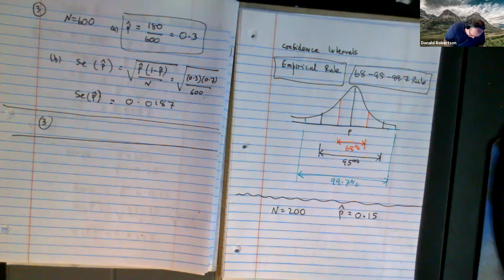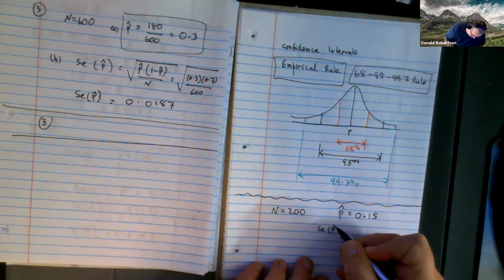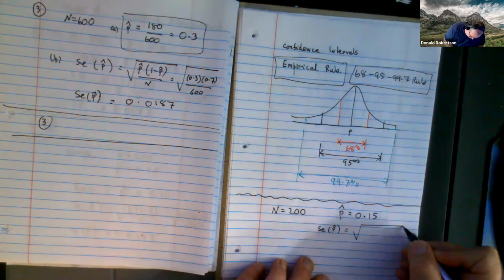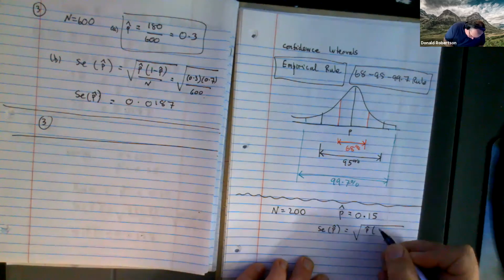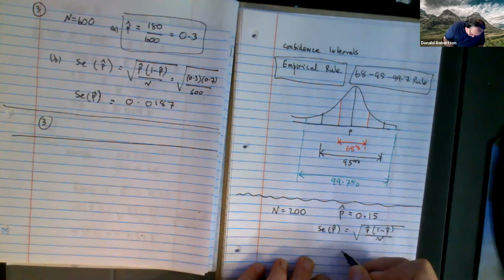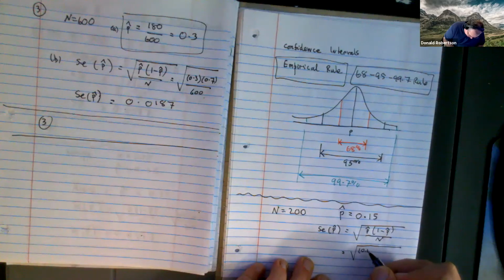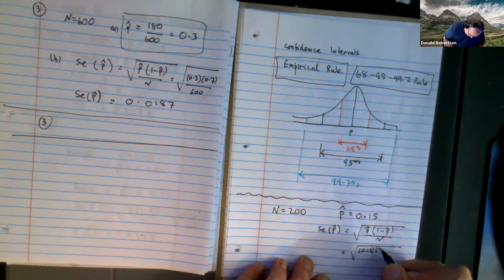So what I'm going to do is I'm going to calculate the standard error, which is p hat (1 take away p hat) all over n. So that's going to be the square root of 0.15 times 0.85 all divided by 200.